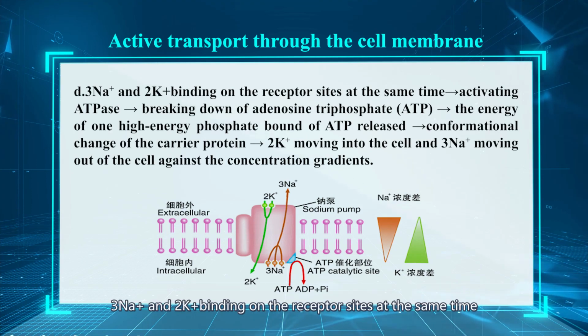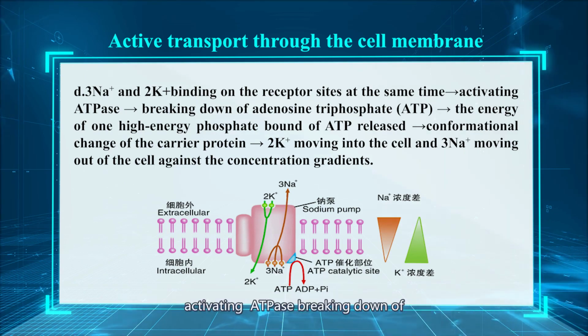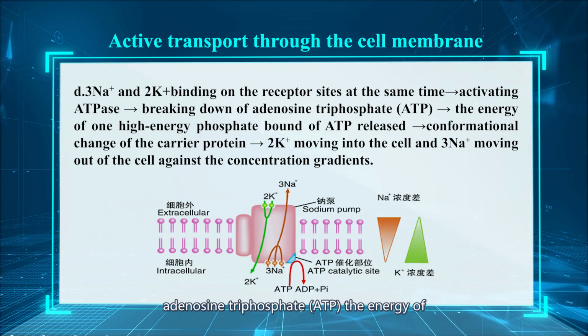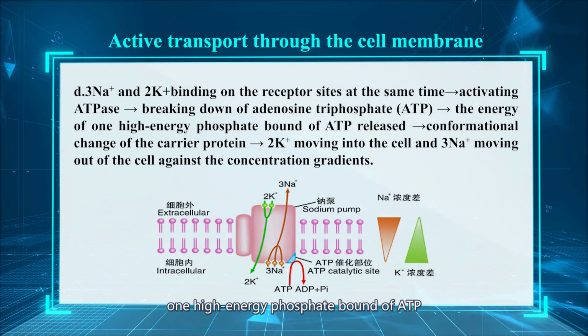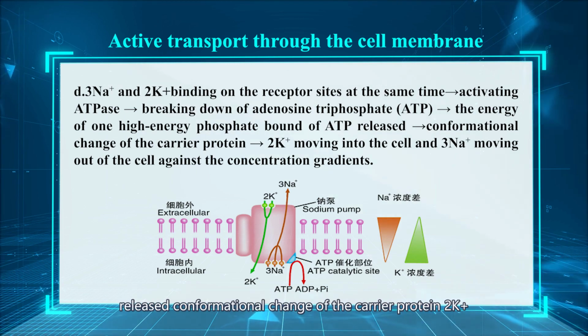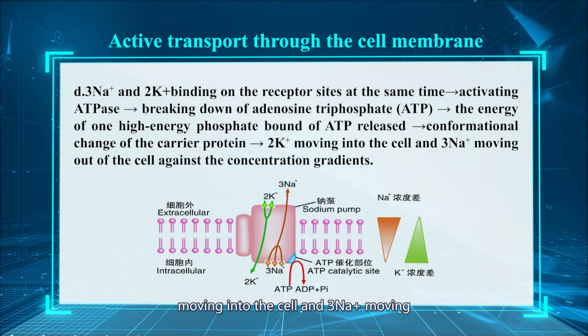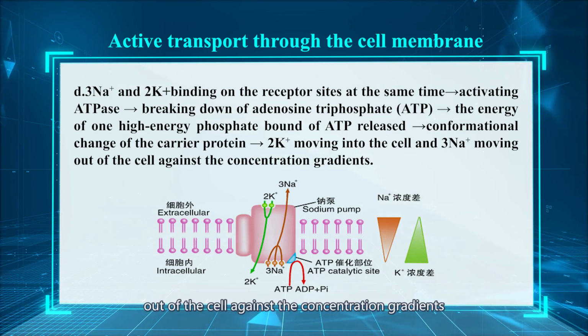Three sodium ions and two potassium ions bind to the receptor sites at the same time, activating ATPase and breaking down ATP. The energy of one high-energy phosphate bond of ATP is released, causing a conformational change of the carrier protein. Two potassium ions move into the cell, and three sodium ions move out of the cell, against their concentration gradients.